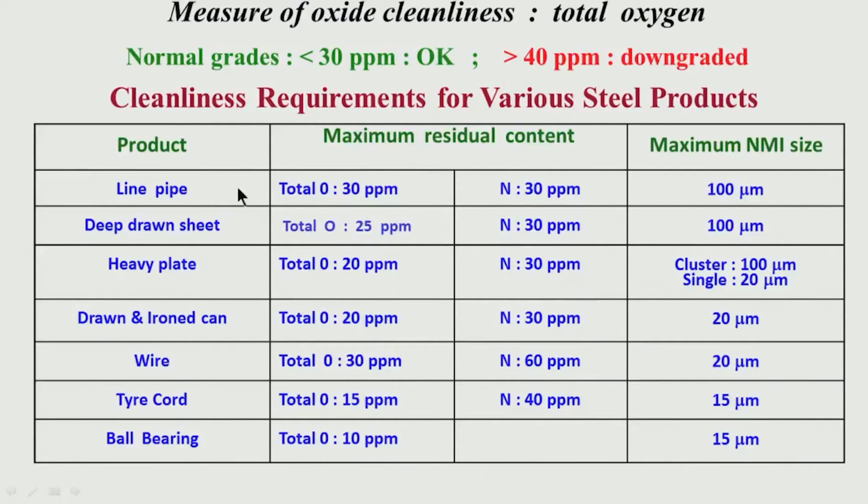So, let us come to an important steel product, line pipe steel. You know, plates of steel which are used for making big pipes for transportation of gas or liquid. So, here only 30 ppm of total oxygen is tolerated, not beyond that.